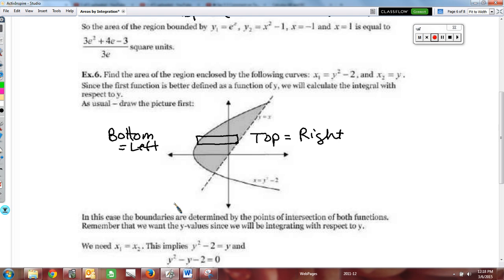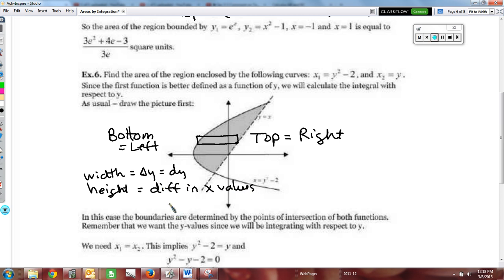We are still going to calculate this, but we recognize that it makes more sense in this problem to run our rectangles horizontally, which means that our width is going to be the change in y, or dy, and our height is going to be the difference in the x values.